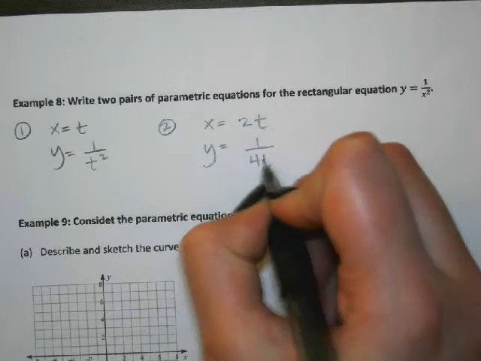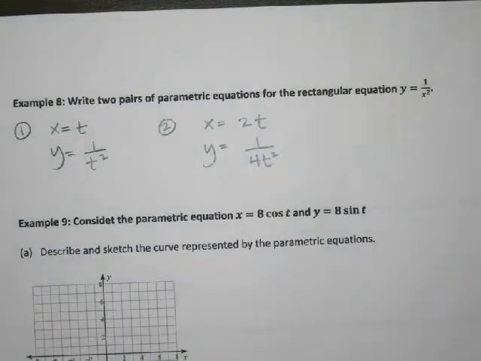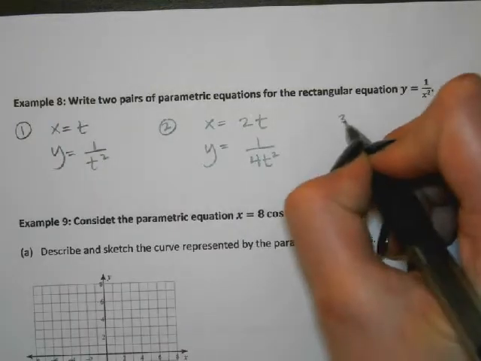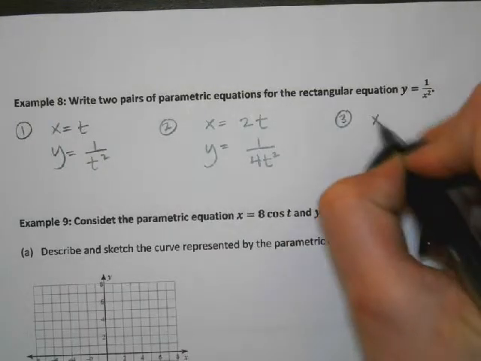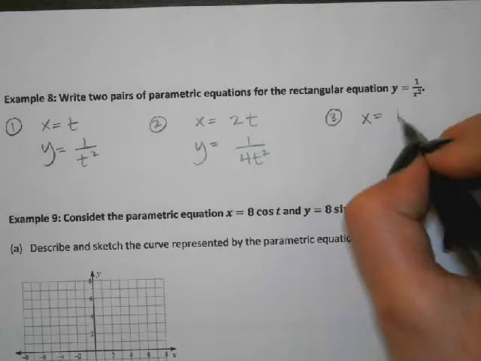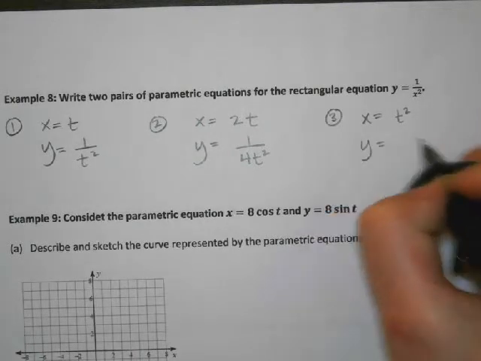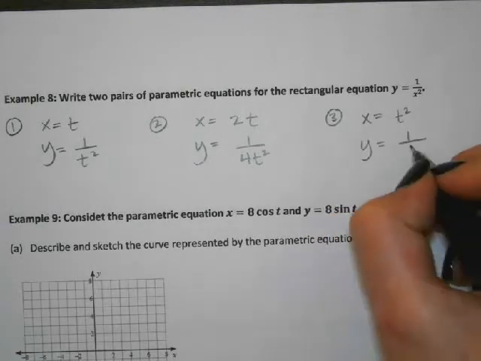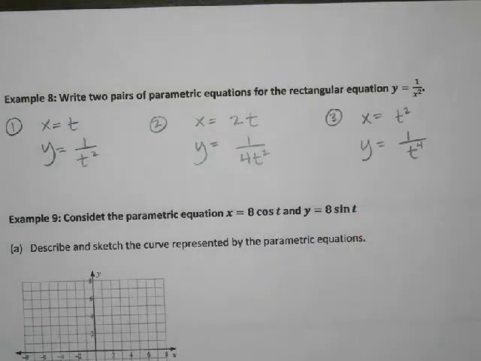Yeah, 4t squared, or you could say 2t in parentheses squared. What's another one we could do? t squared. And then y would be 1 over t to the 4th.